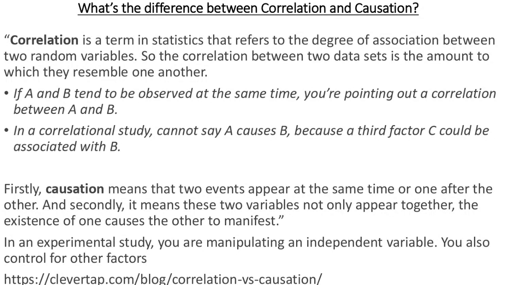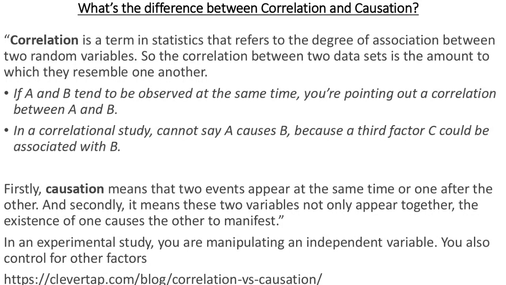Whereas causation, if you did an experimental study, you couldn't ethically control the number of hours of television the child views, violent versus non-violent movies, because it would be unethical.